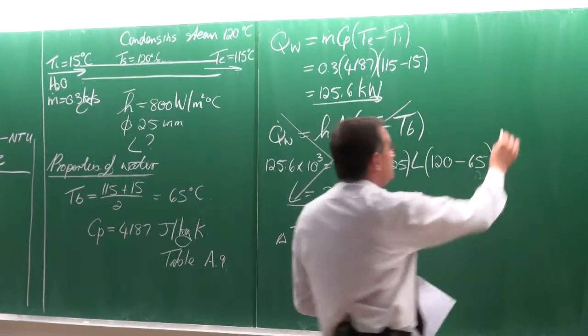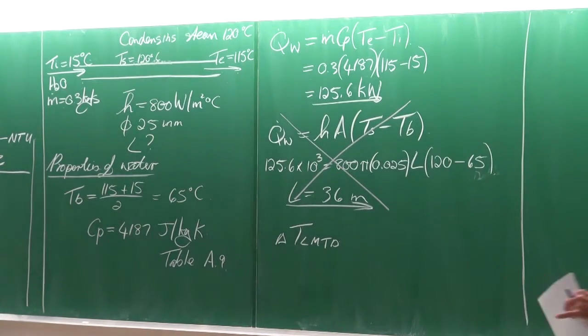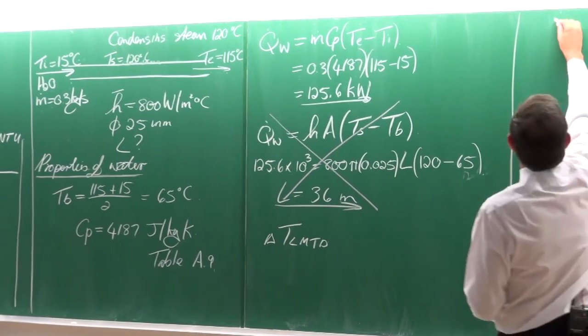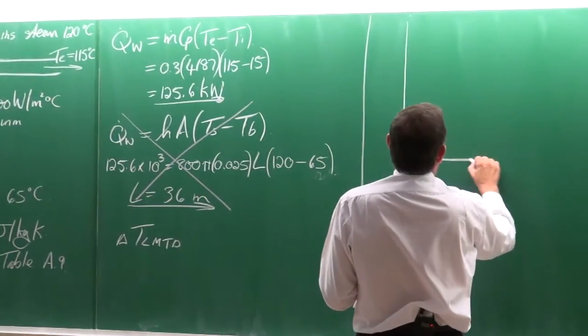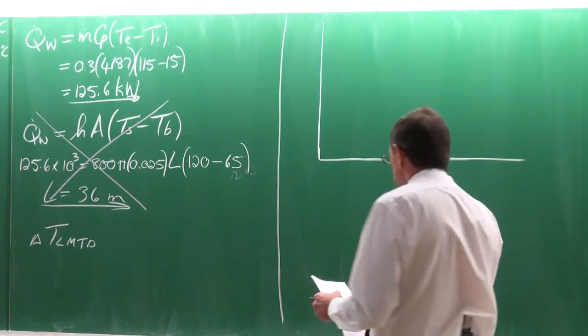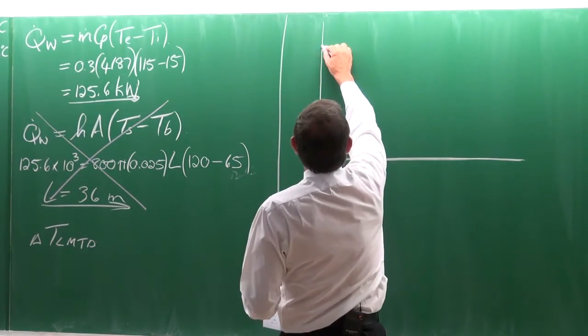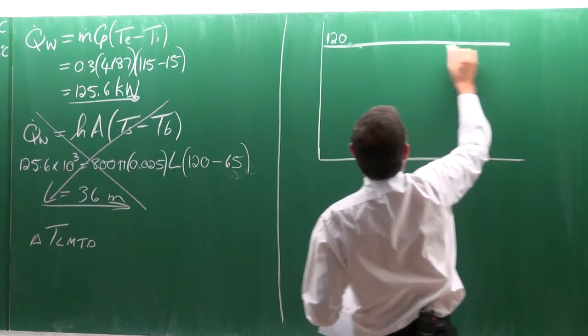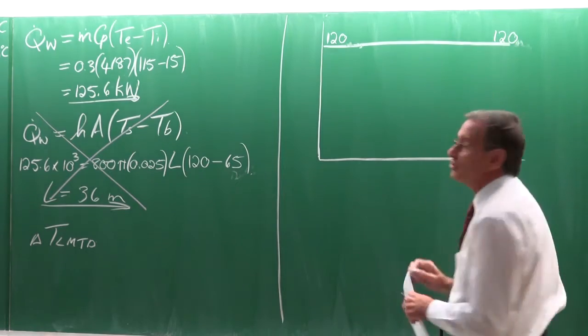Now the LMTD might look complicated to you, but I'm going to show you how easy it is. And I would always recommend that you draw a sketch. In terms of this sketch, your wall temperature is 120. It stays constant.